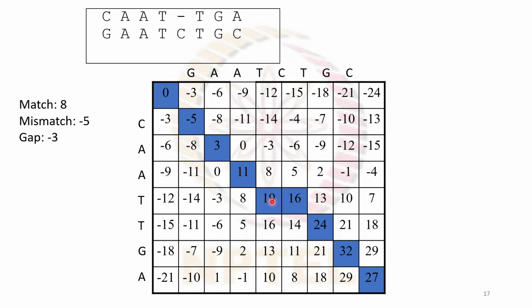horizontally towards 19. It says there should be a gap indicated in the place of T here. Once this alignment is done, this 19 corresponds to the C here, and here it is aligned to a gap.